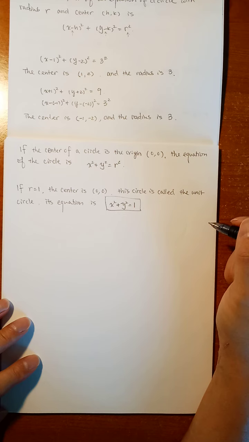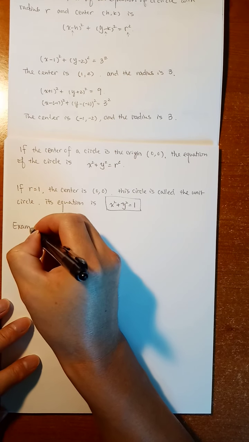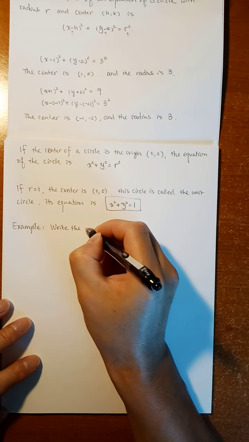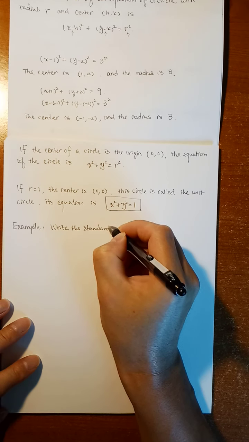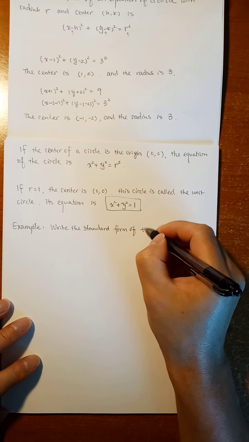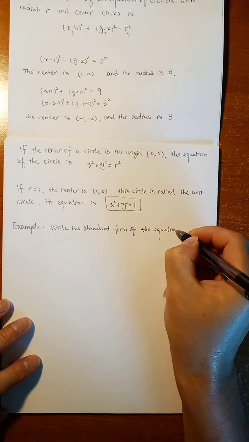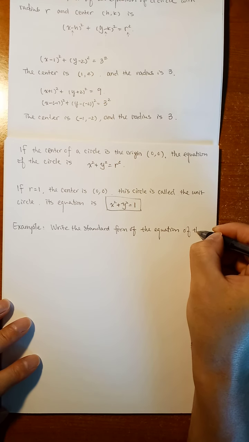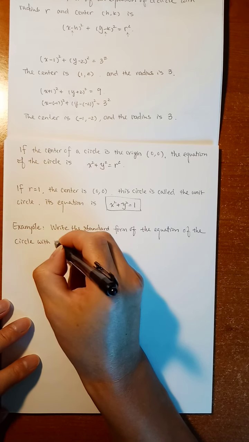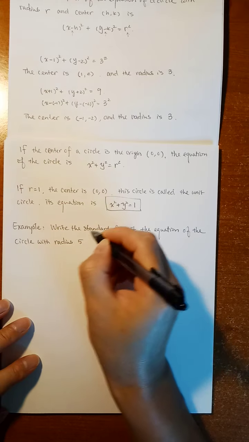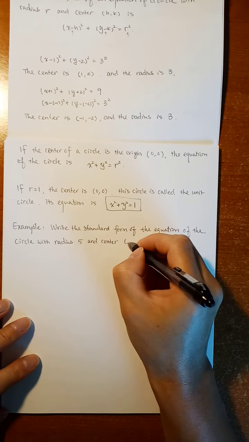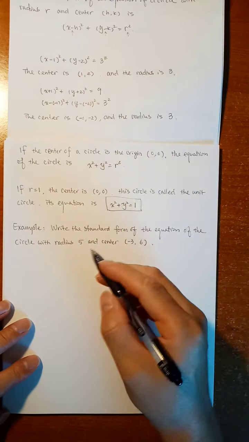Okay, so let's see the example. Write the standard form of the equation of the circle with radius 5 and center negative 3, 6.